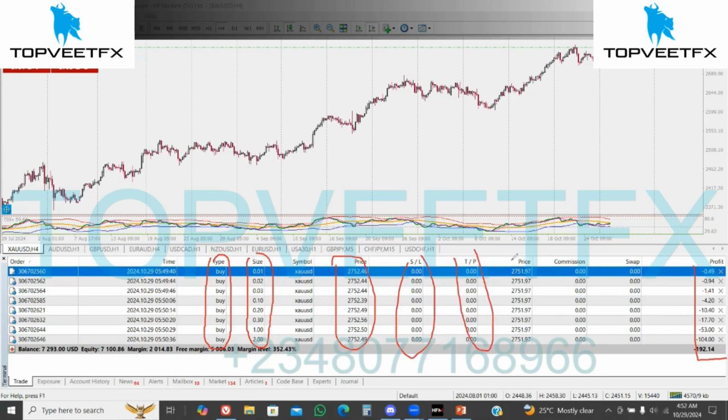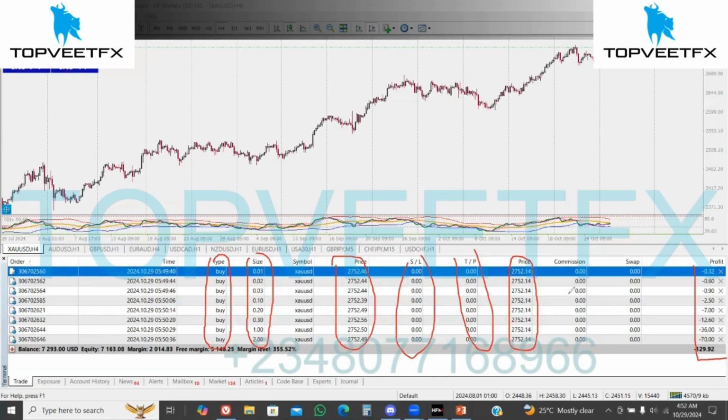This is your price, the present market price, the current market price, how the market is moving. This is why you see this is fluctuating. Why does this one remain stagnant? This is the price at which you bought.